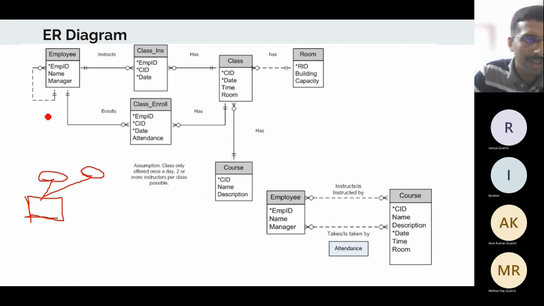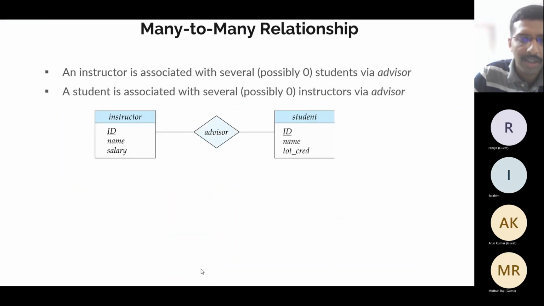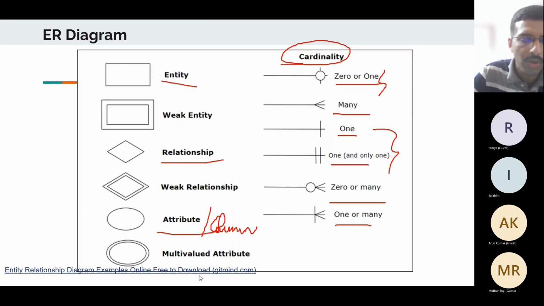So in this case, as you can see, the table names or objects are represented here, and the attributes are represented inside that, and the primary keys are marked with an asterisk, or even you can put an underline similar to the other case. And the cardinalities, instead of m and n, in this case are mapped with the symbols like what we saw in the earlier slide. Similar kinds of symbols are used here.